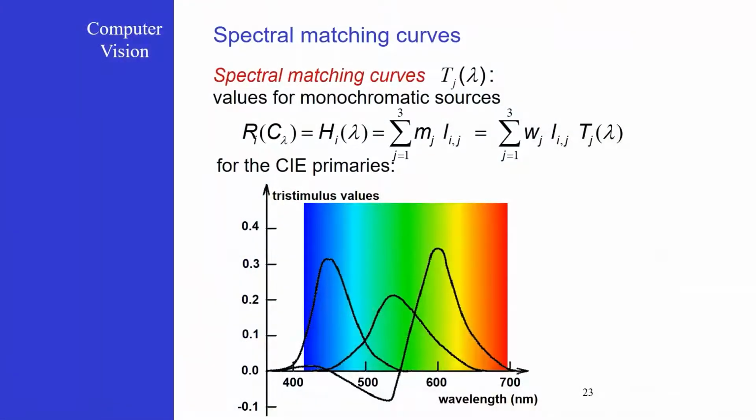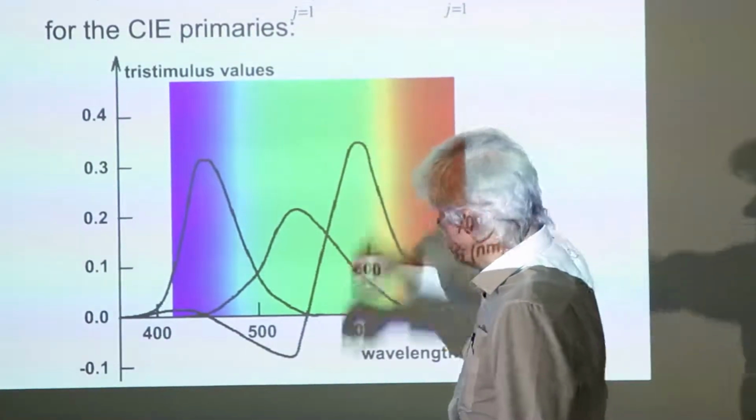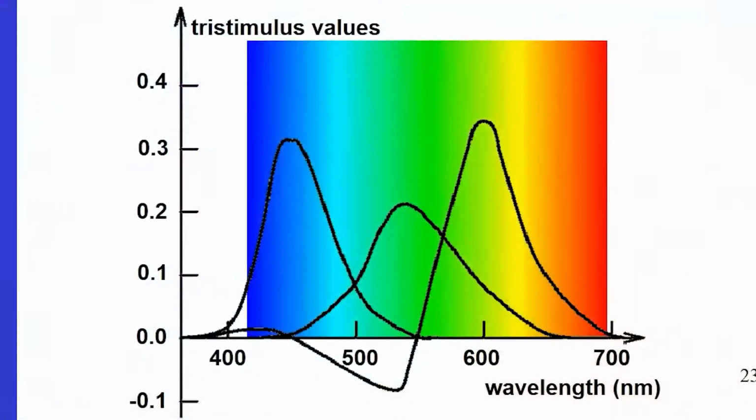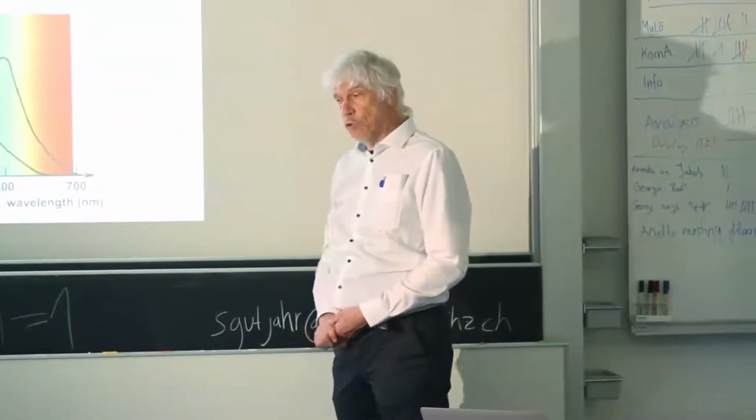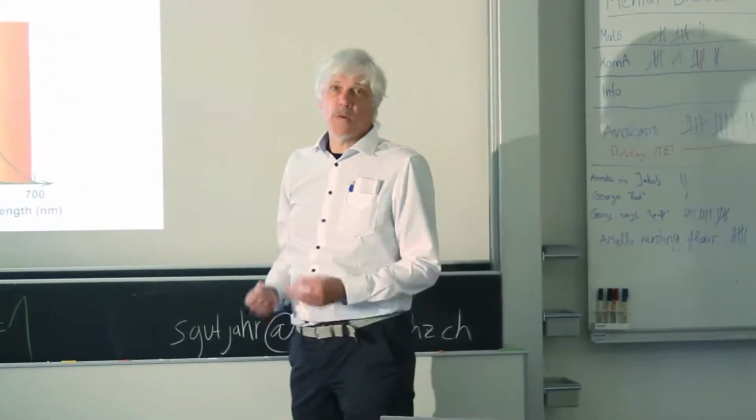So almost everywhere, you have one of the three primaries being negative, one of the three spectral matching curves being negative. And that doesn't work, because what we are now saying is that in order to mimic a monochromatic source with a certain wavelength, you have to take a negative amount of one of the primaries. Now this is something you can't do.